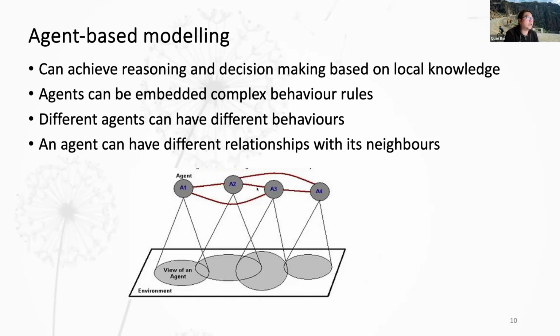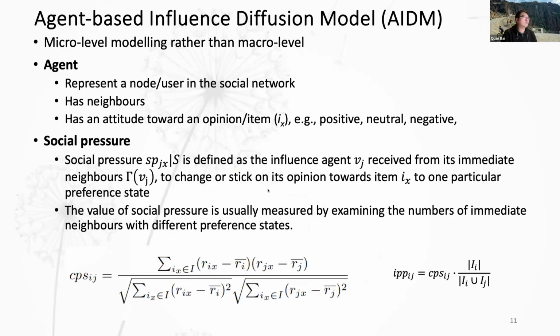Meanwhile, each agent only has a local view rather than a global view. So in influence propagation modeling, we use different agents to represent different human users in a social network.